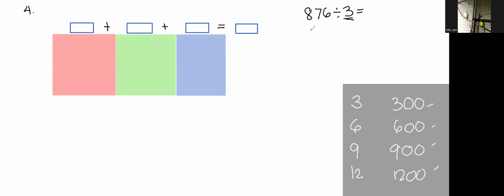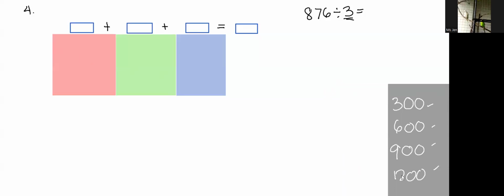All right. So since you have 876, where would you find 8? Now that you have the hundreds, you can close this. You don't have to worry. This is the one that we want. I'm going to write it just like what you had in your book. So you have 300, 600, 900, and then 1200.